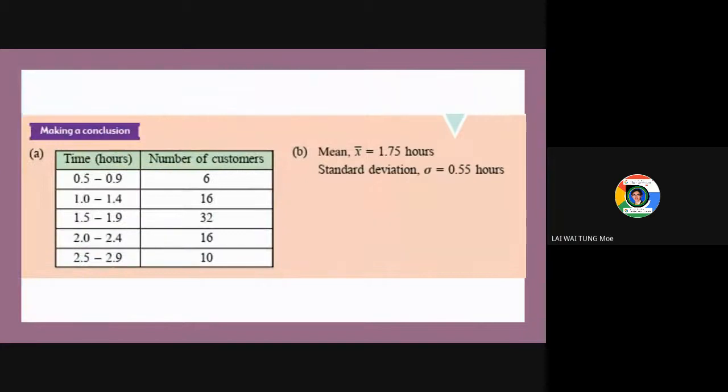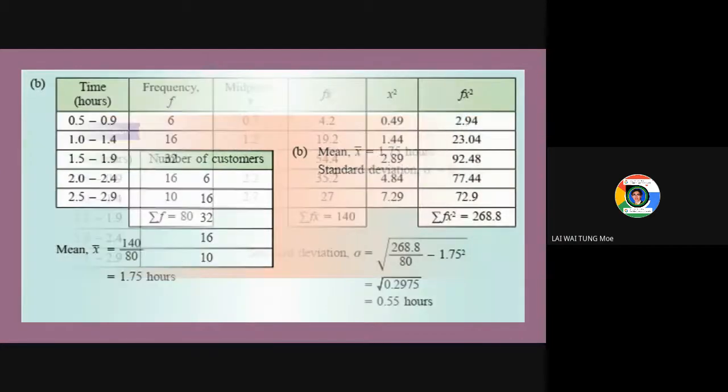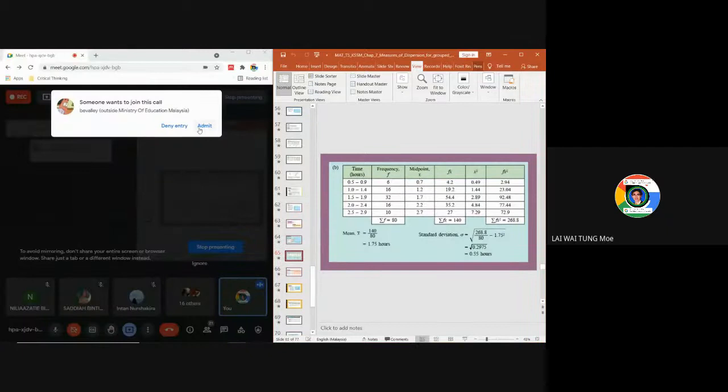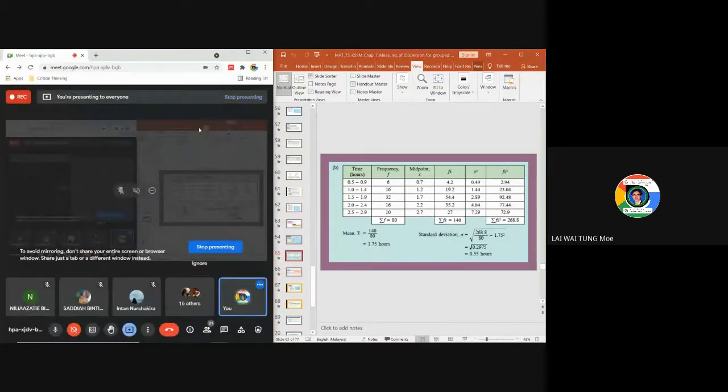So I think that's all I want to cover today: how to compare two sets of grouped data, and how to solve problems involving measures of dispersion. The example I showed you just now is an ogive.